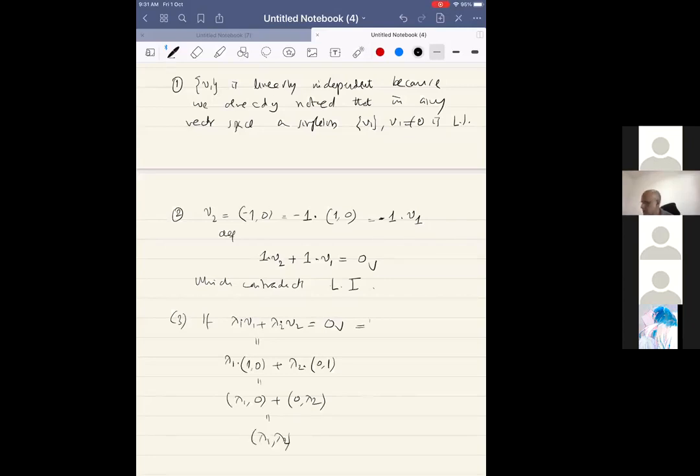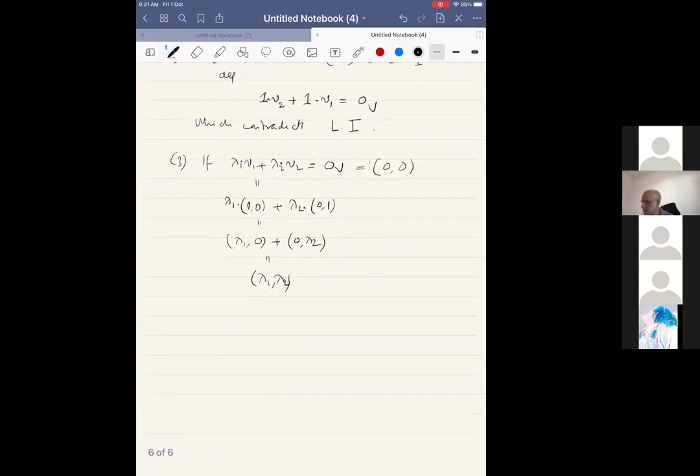And what is the 0 vector? It is (0, 0). So if this is (0, 0), lambda1 is 0 and lambda2 equals 0, which implies linear independence.